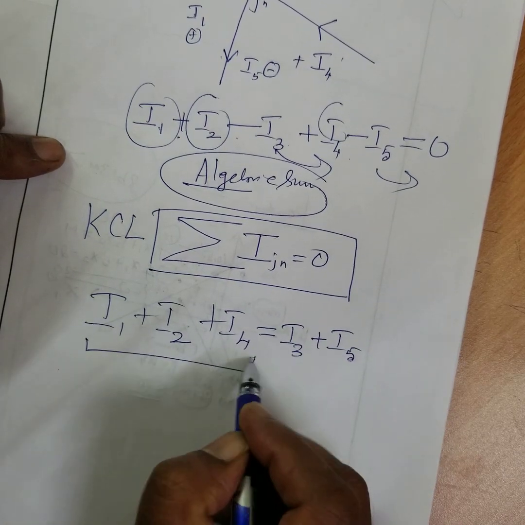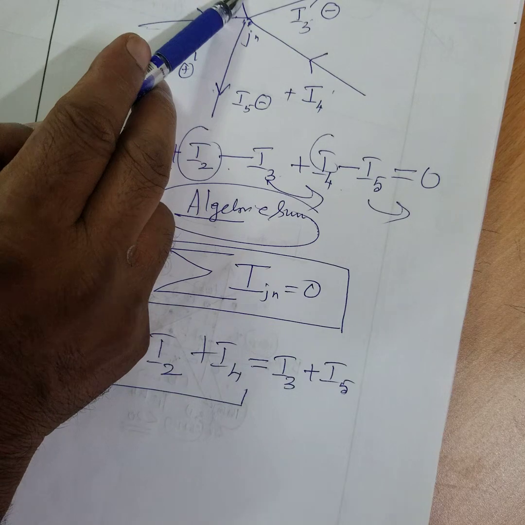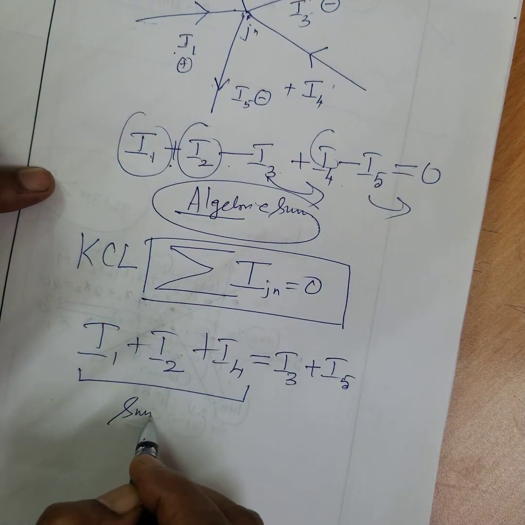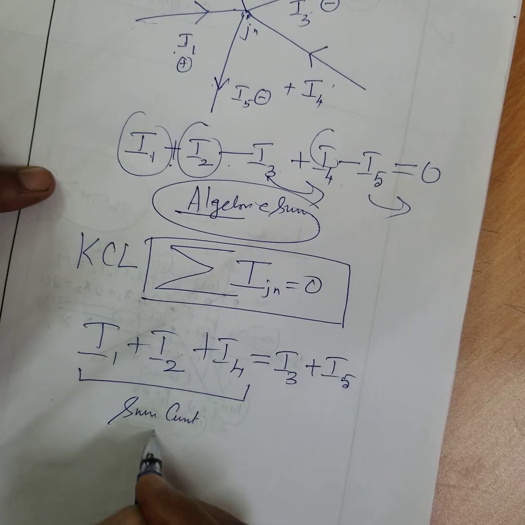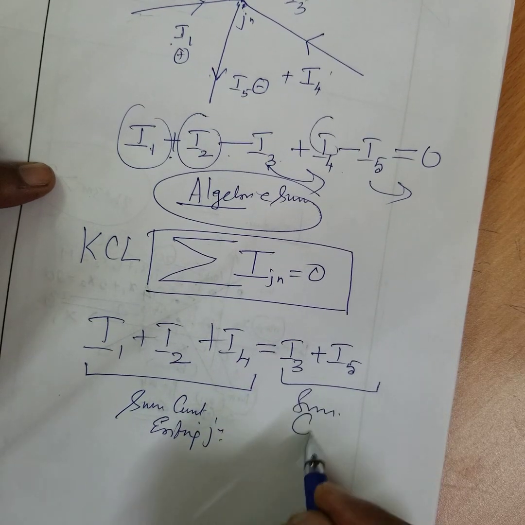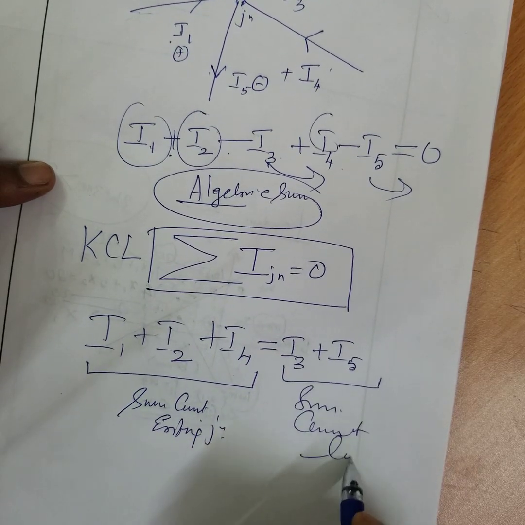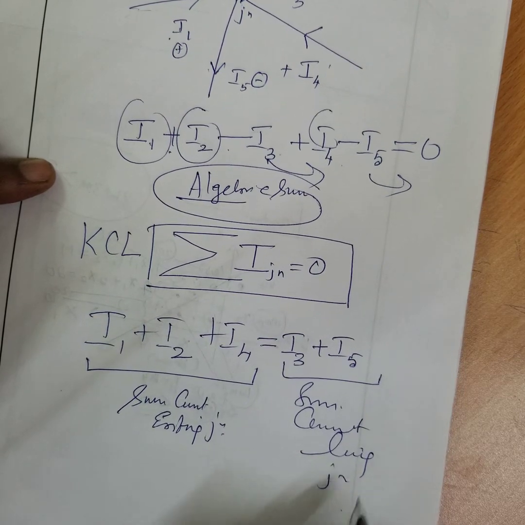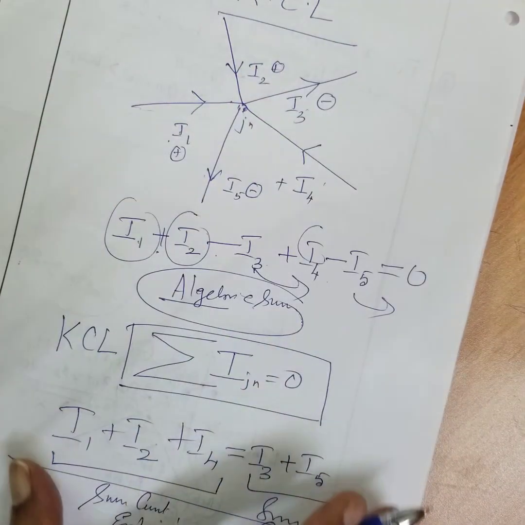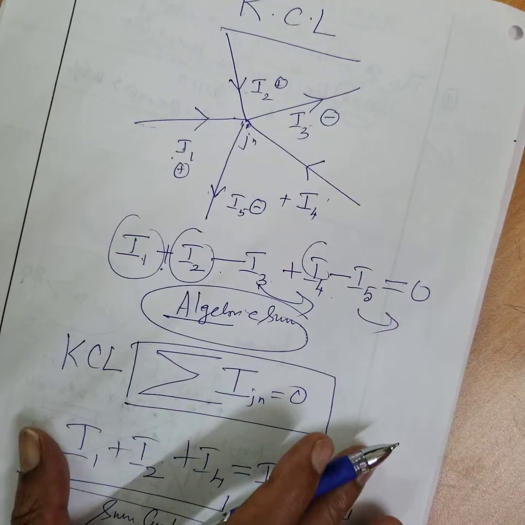That means the sum of the currents entering the junction, I1, I2 and I4, is equal to the sum of the currents leaving the junction. Right? Therefore, this is state and explain.